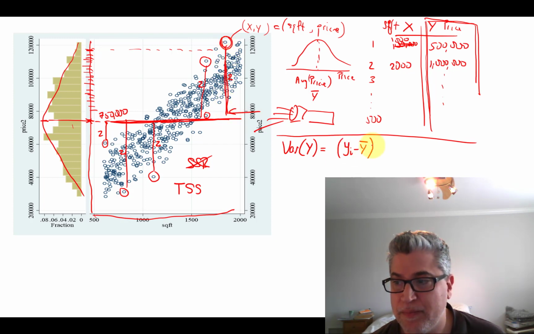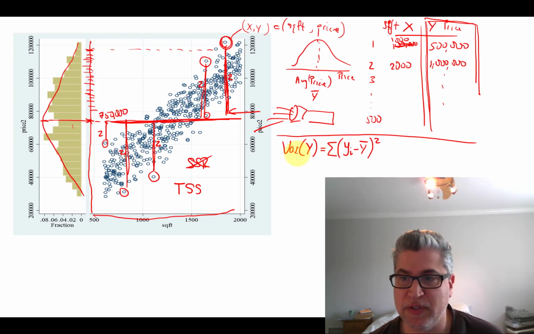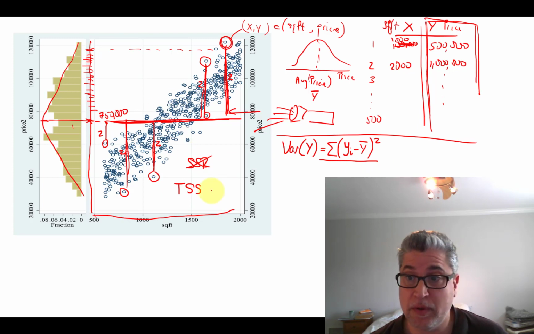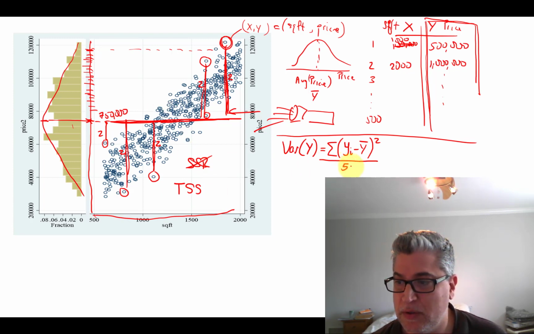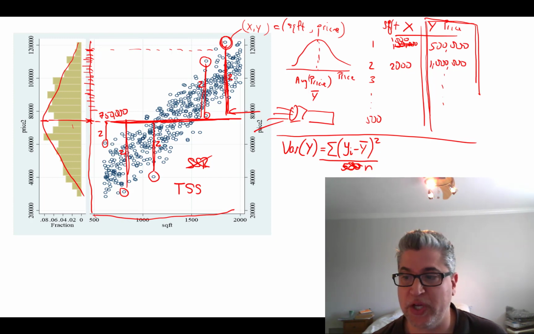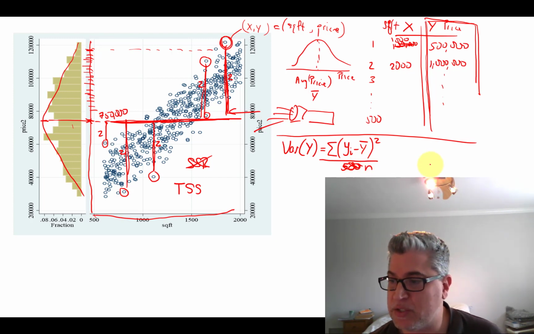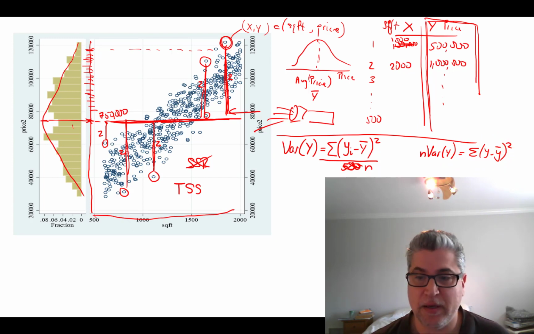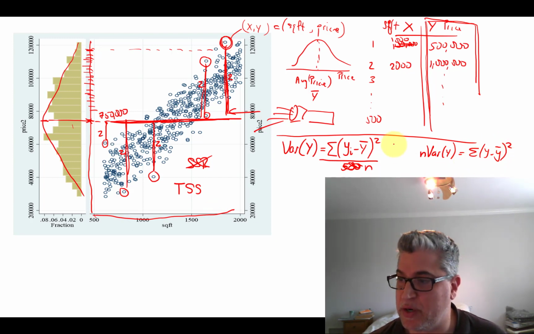Then we square each of these distances, and then add up all of those squared differences. We're adding up 500 squared differences, and then we just divide by the number of such differences, 500 in our case, or n more generally. If we cross multiply, we get that, and we're going to call this the total sum of squares.